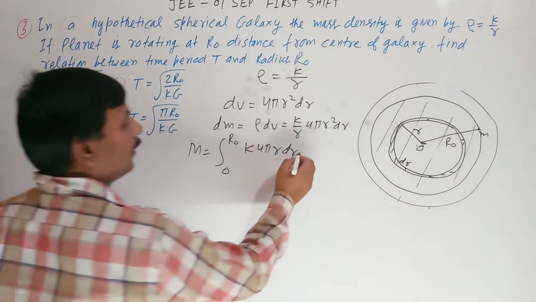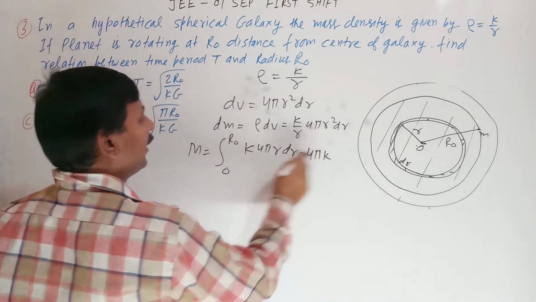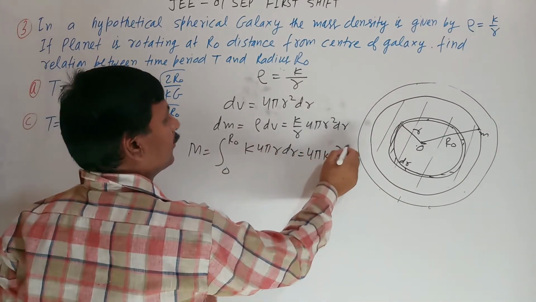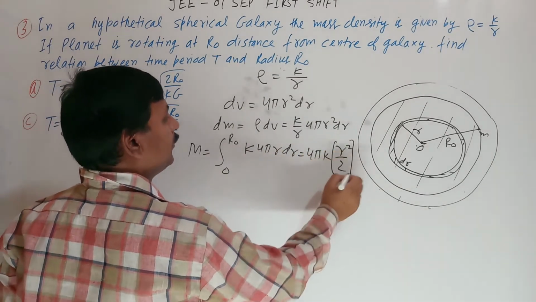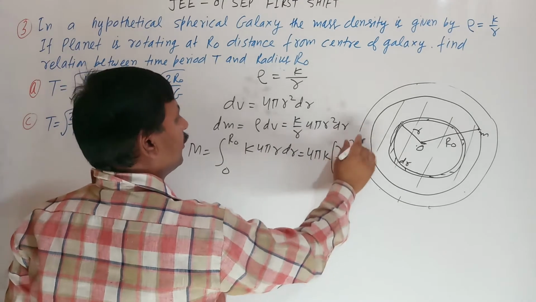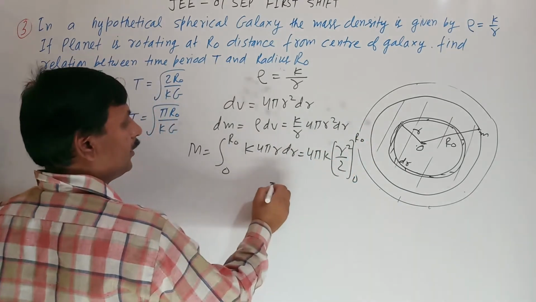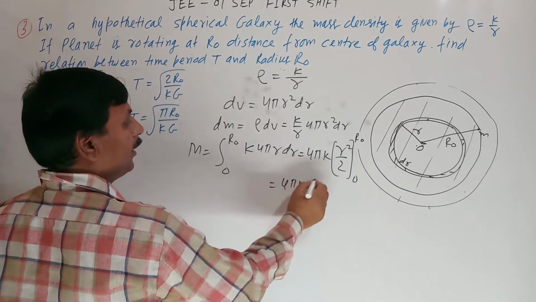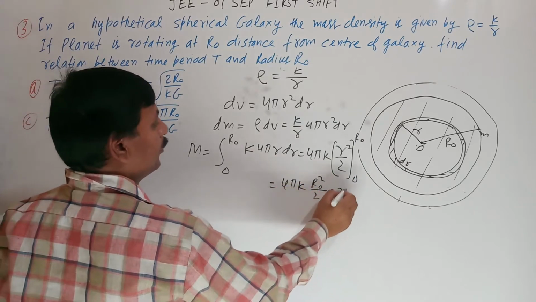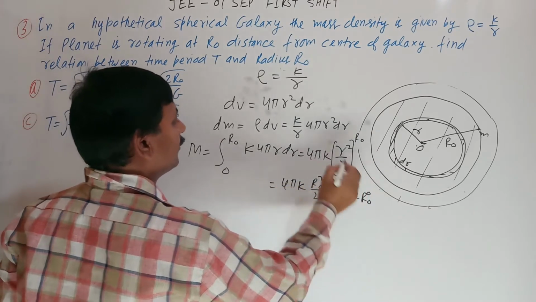To simplify, 4 pi k, this is r square upon 2, from 0 to r0. It comes 4 pi k r0 square upon 2, that is 2 pi k r0 square.